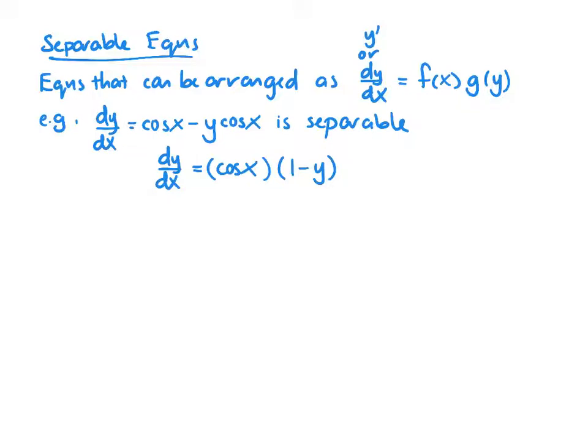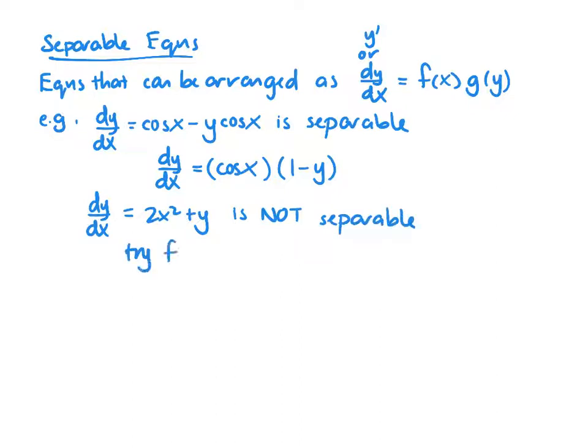Okay, and then what's a non-separable equation? Well, that was a separable example, and then say dy by dx equals 2x squared plus y, say, is not separable, right? Try to factor here. See what happens.